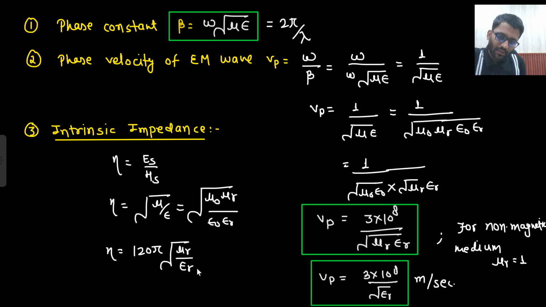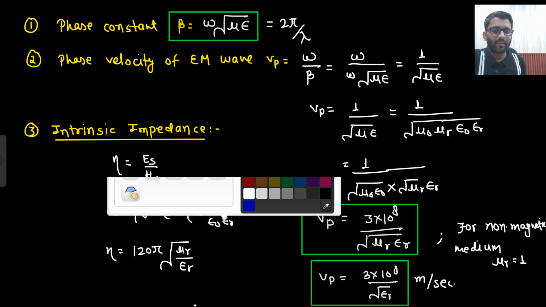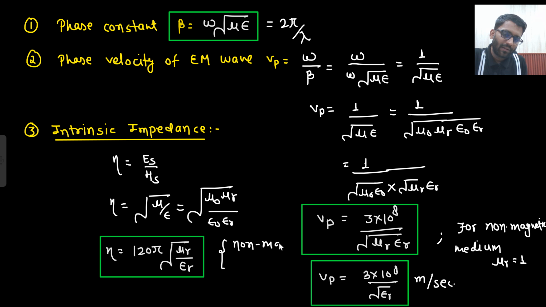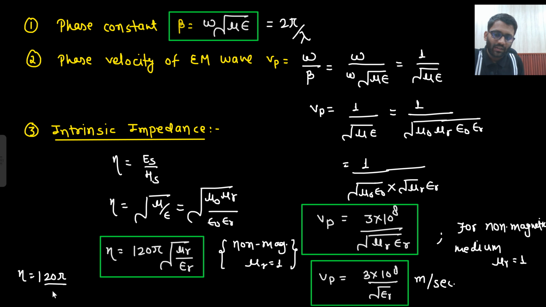Root of mu r by epsilon r. For a non-magnetic material, this is something you can remember, and for a non-magnetic medium, mu r equals 1. So another answer you can remember is that your eta comes out to be 120 pi, with mu r taken as 1, divided by root of epsilon r ohm.